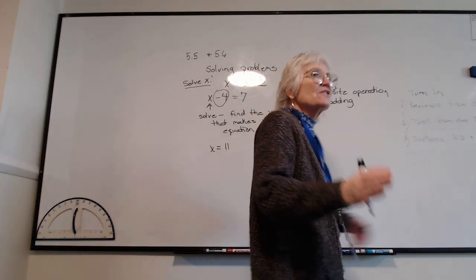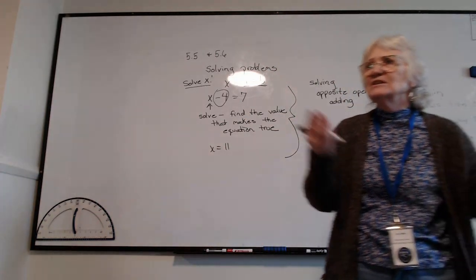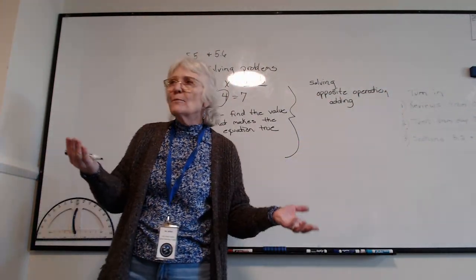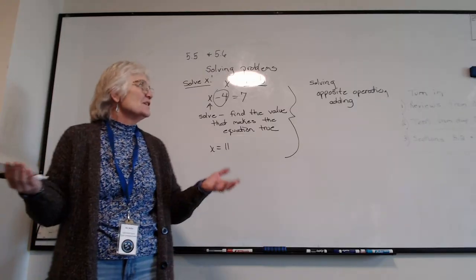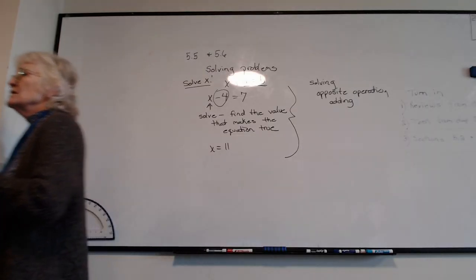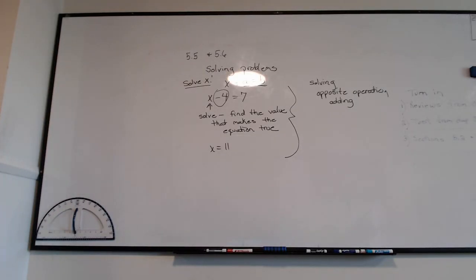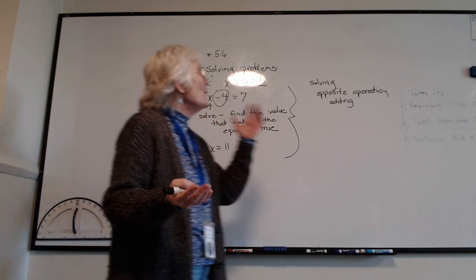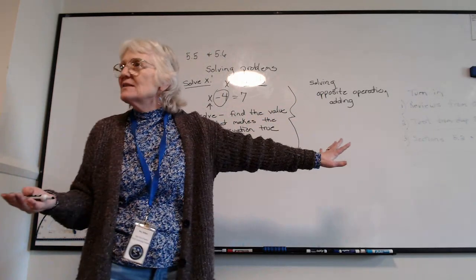It goes back to those addition facts. Remember when you did addition facts? Fact families. 4 plus 7 is 11. 7 plus 4 is 11. 11 minus 4 is 7. 11 minus 7 is 4. Okay, those were fact families. We are actually doing that same thing here.